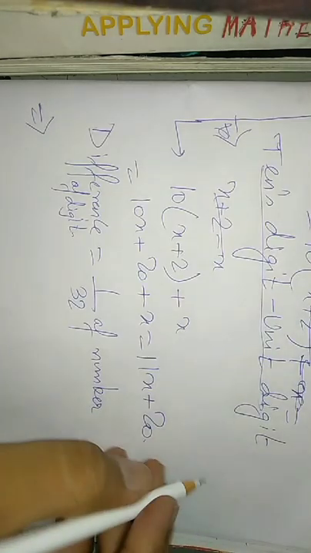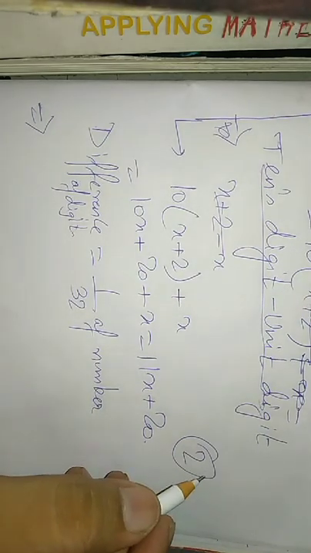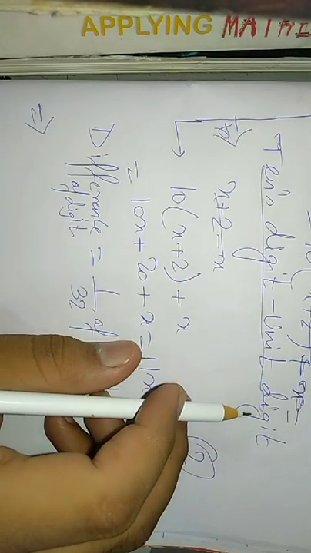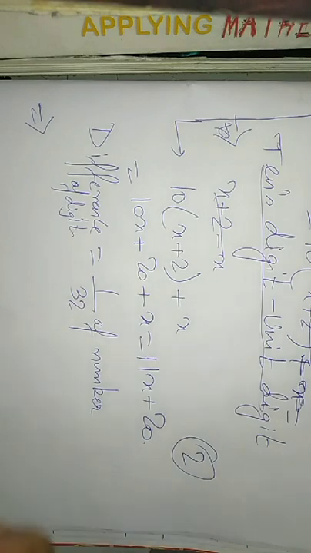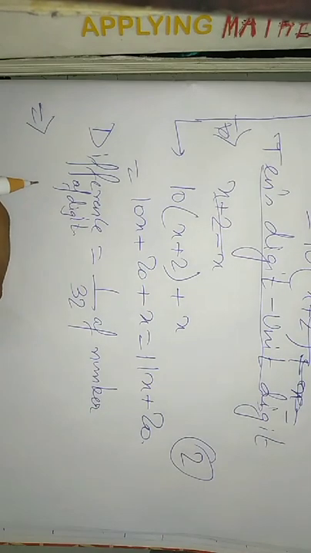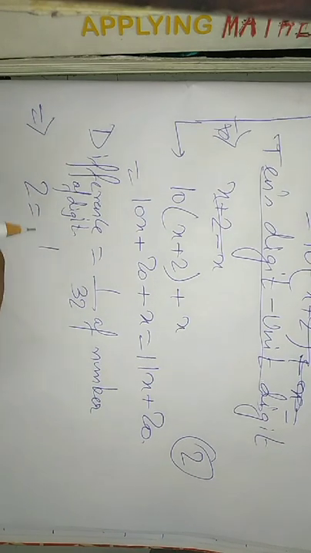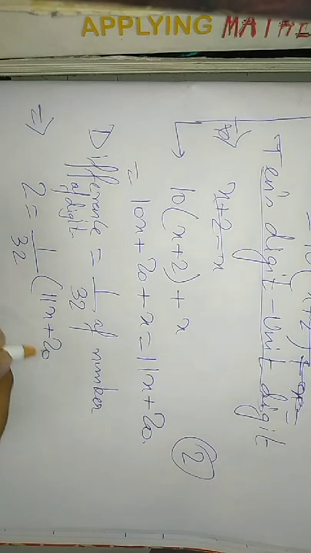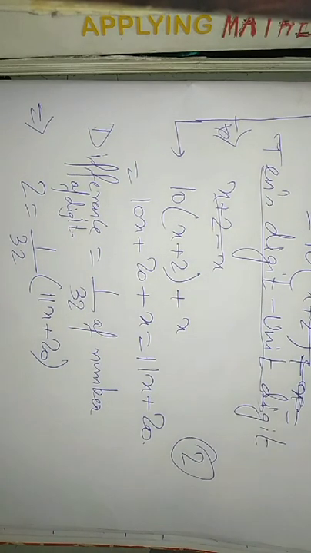Difference of digits is 2, because it is said that the tens digit exceeds the unit digit by 2. So the difference is 2 only, right? So 2 is equal to 1 by 32 into 11x plus 20.